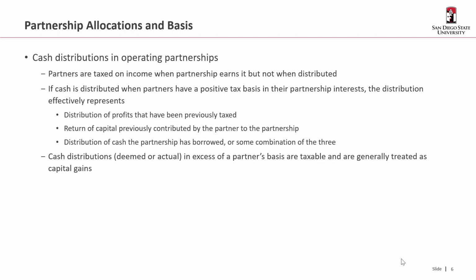So cash distributions in operating partnerships, we're going to talk about this in a subsequent video, but let's keep going anyway. Partners are taxed on income when the partnership earns it, but of course not when the cash is distributed. I think we've got that down by now.